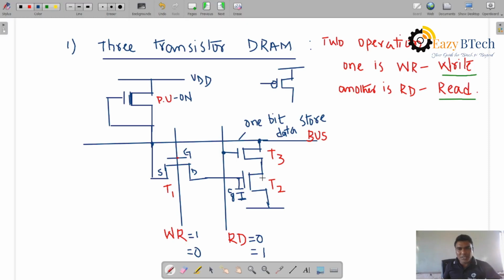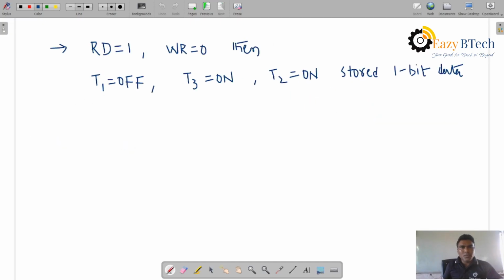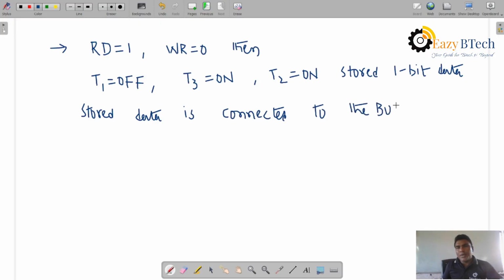Both transistors are on, and the logic 1, the stored data, is connected to the bus, right?